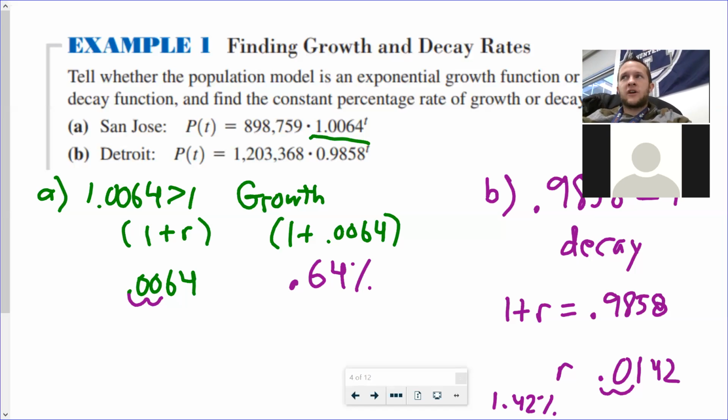So the problems you missed on the test, go through and figure out why you missed it. Once you've done that, then I'll unlock a retake for you on the test. If you don't know what you did wrong, then you need to get in touch with me so we can fix your mistakes, okay? Okay.